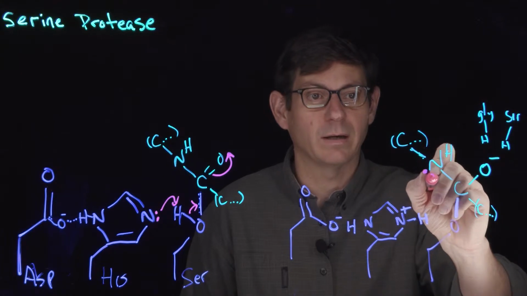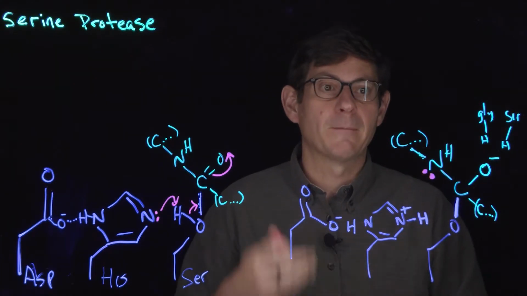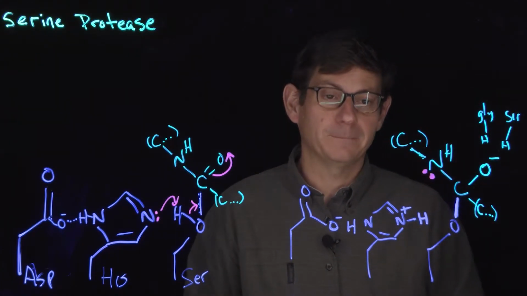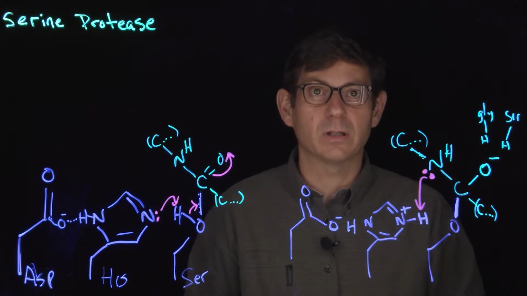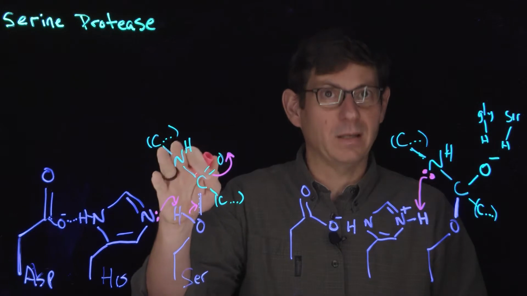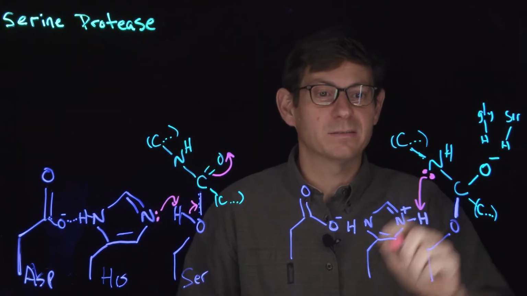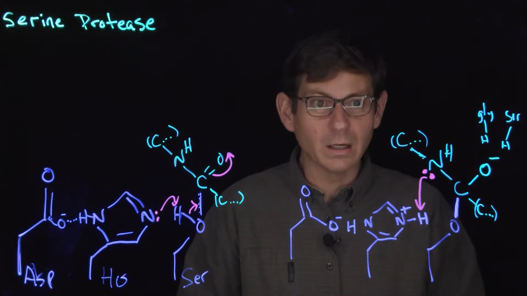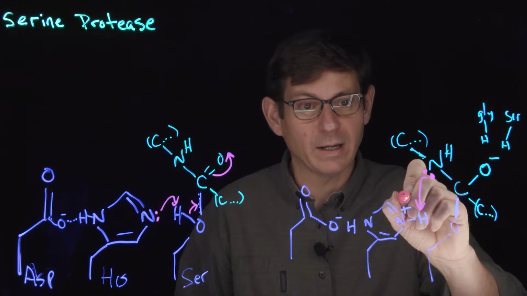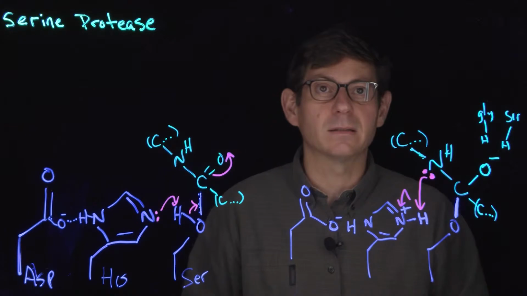And what you have is this pair of electrons on the nitrogen that's in the peptide bond. Those are going to rapidly go after this proton. So you think about like this proton's making its way around the entire mechanism. They'll pull that proton off of the histidine. And when that happens, these electrons can collapse back into the ring.